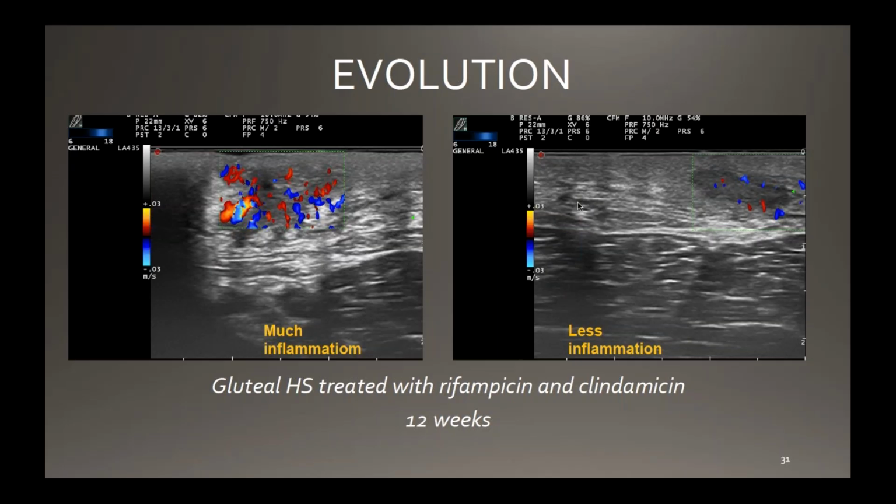And we can also assess the evolution of our patients with hidradenitis suppurativa. For example, in this case, that is treated with rifampicin and clindamycin, that is standard antibiotic treatment in this kind of patient, we can see that inflammation is decreased in 12 weeks.